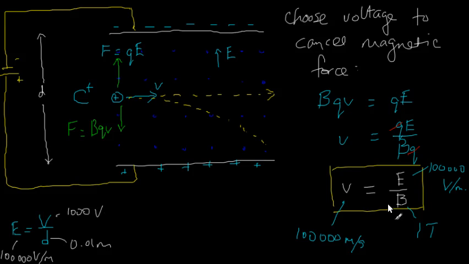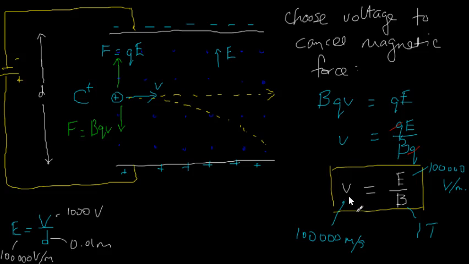Okay, so suppose that I choose the electric field strength and magnetic flux density in this way with these values. Once I've set up these values, then I know that only a velocity of 100,000 meters per second can go straight. What does it mean, only a velocity?